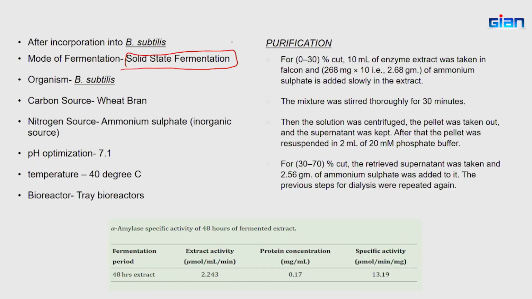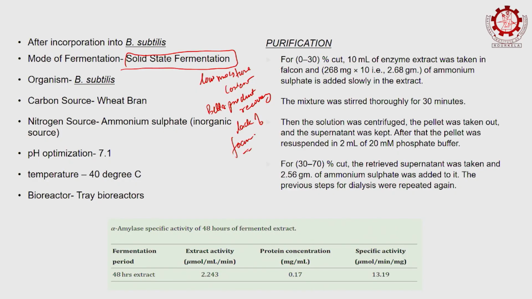The reason being it has low moisture content, better product recovery, low water output, and lack of foam build-up. The substrate that we have used is wheat bran, which is an agricultural waste. For the nitrogen source we have used ammonium sulfate, an inorganic source.